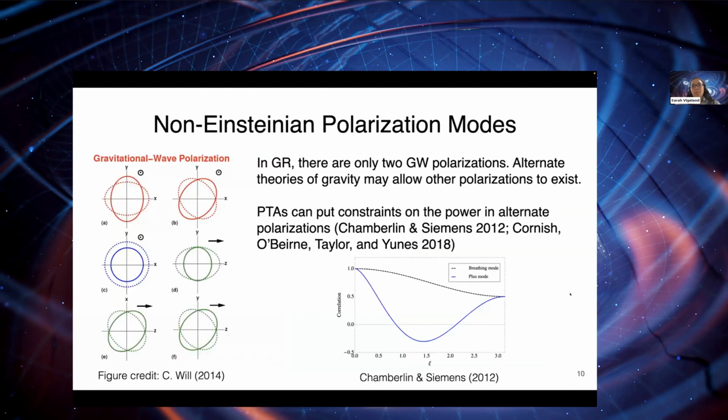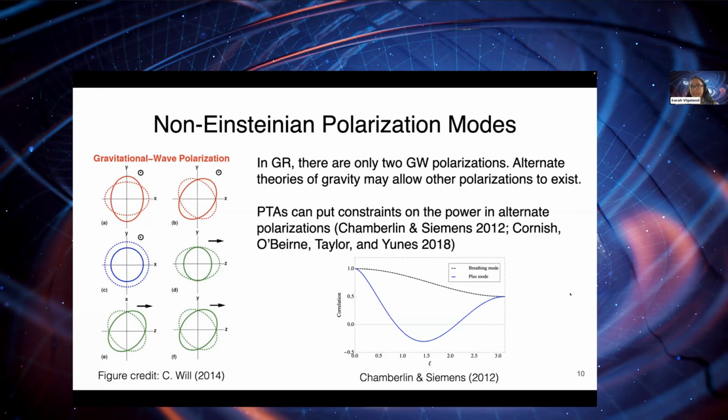Now, measuring this kind of correlation signature in the data is very important because it's a way that we can do tests of gravity. In general relativity, there are only 2 gravitational wave polarizations, the plus and the cross. But the most general metric theories of gravity can admit up to 6 polarizations. The other 4 polarizations would induce correlations, but different than what we see from the plus and the cross.